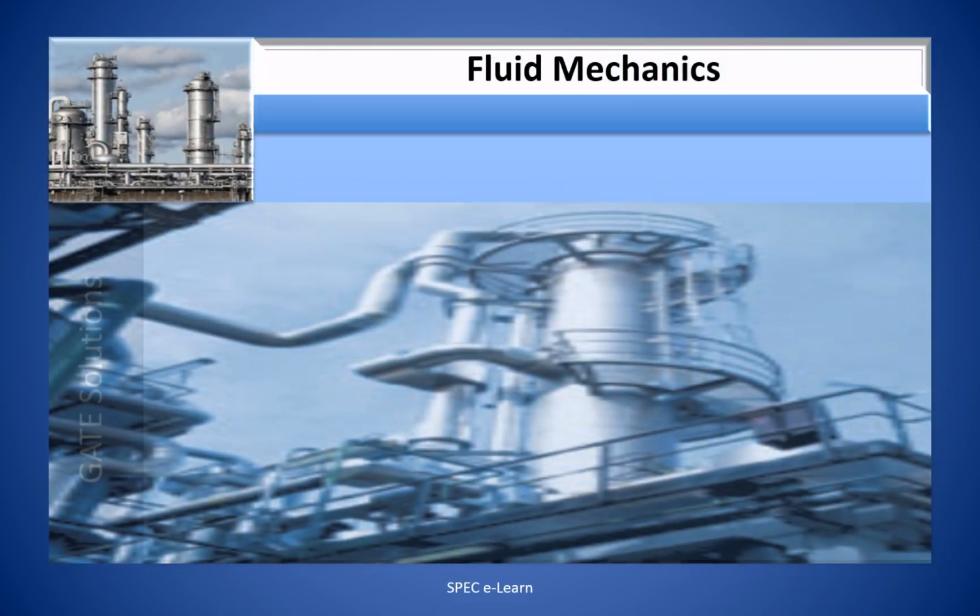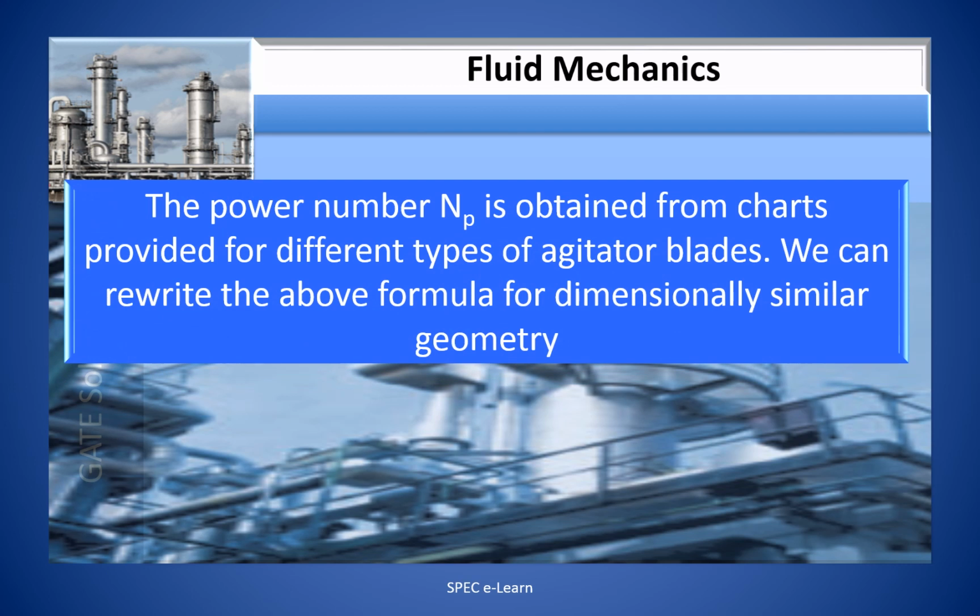The power number Np is obtained from charts provided for different types of agitator blades.